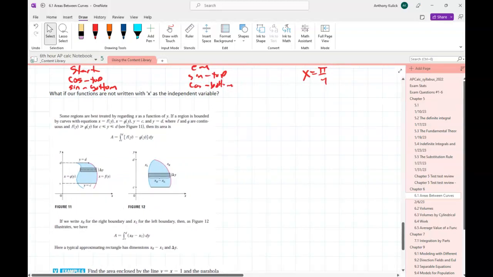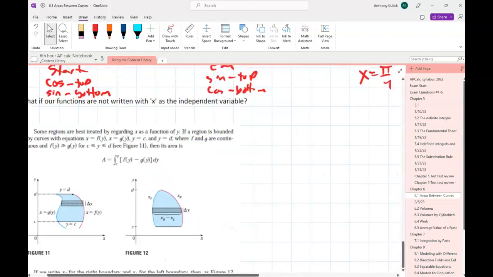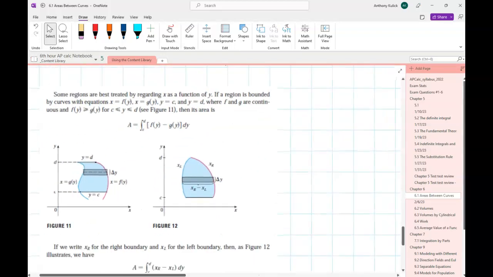Paul. Absolutely. Last idea. What happens if we have something where our functions are written in terms of y rather than x? So instead of y equals yada yada yada, we have x equals yada yada yada. Does that change the fundamental ideas here?